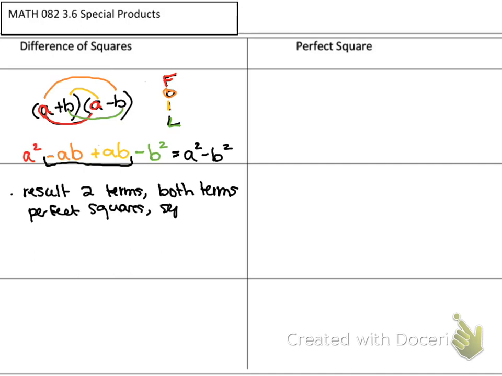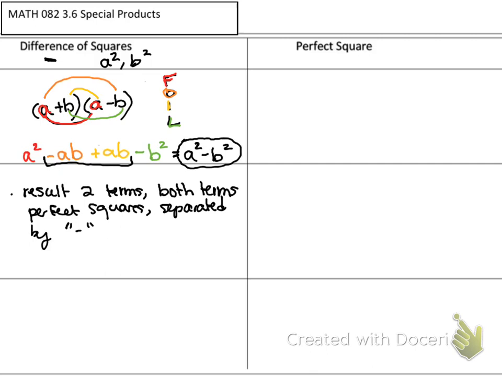And they are separated by a negative sign. So the description is all in the name. Difference, remember, literally means subtraction. And squares is like a squared and b squared. So the difference of squares is describing exactly what you see here. A squared minus b squared is a difference of squares.